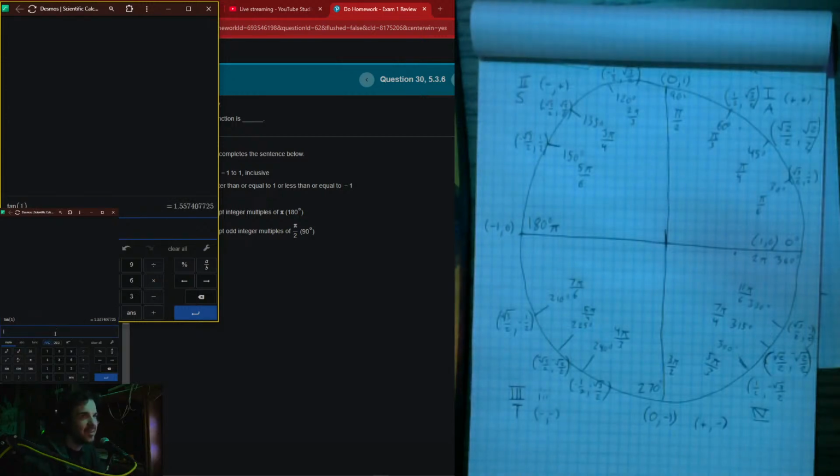What's 1? Some crazy number? Is that the square root of 3 over 2? No, it's the square root of 2 over 2, right? Nope. Is it 2 times the square root? 3 times the square root? I have no idea what it is.